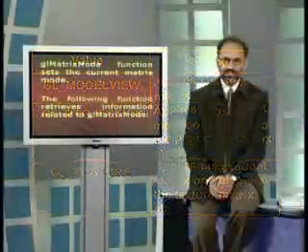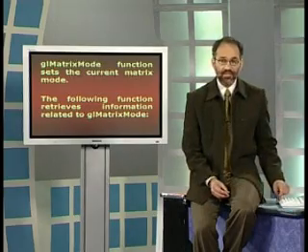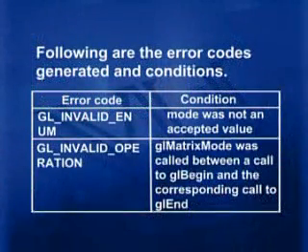The glMatrixMode function sets the current matrix mode. The following information is related to glMatrixMode, and this would be about the error codes that are returned and what they mean.